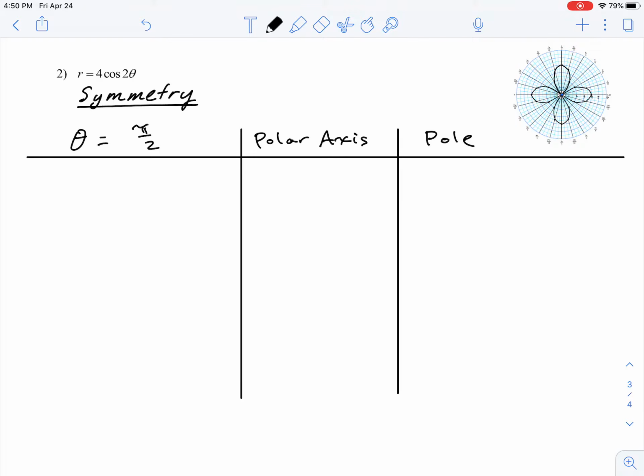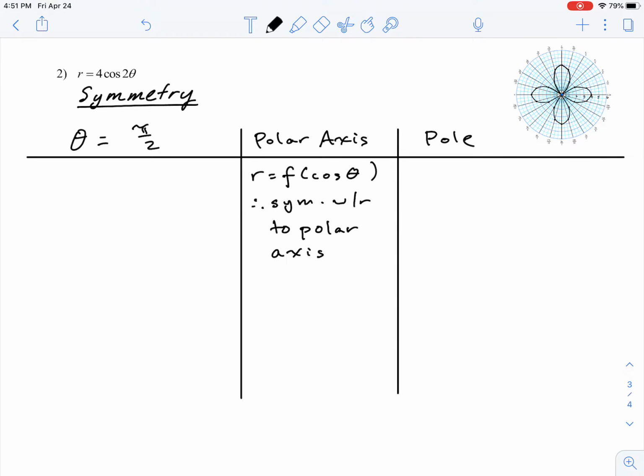Since we see that r is a function of cosine, in this case 2 theta, but nevertheless a function of cosine theta, we can say right off the bat that it's always going to be symmetric with respect to the polar axis.